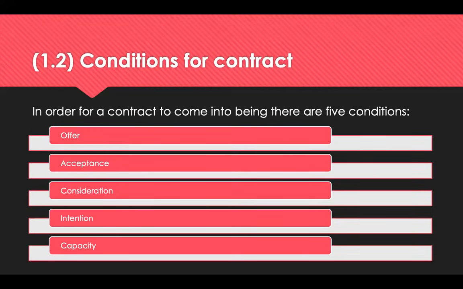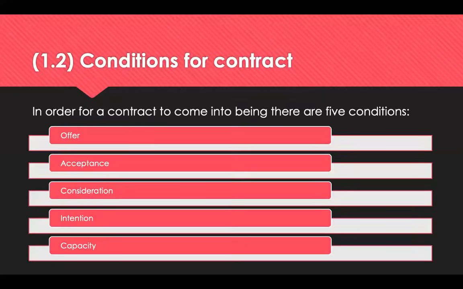And capacity to contract means the person has the legal capacity and legal competency to enter into a contract. And it's usually down to things like age or somebody suffering from mental health issues. Within procurement, it does mean that the party has the capacity to act as an agent on behalf of the organisation.